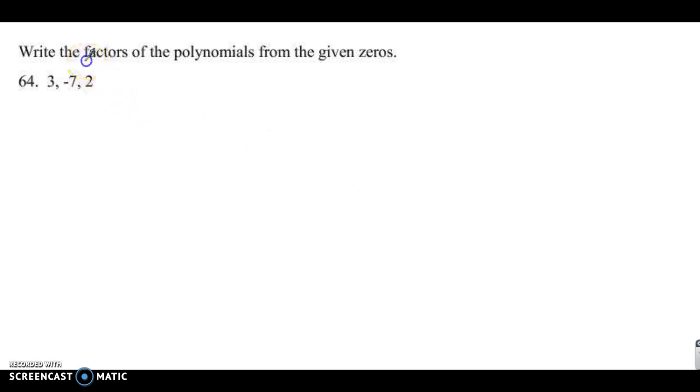Now, to write your factors, remember factors are things that are multiplied together. And when we already know what our given zeros are, they've given us our zeros, you can think of this as they've given you that x is equal to 3, x is equal to -7, and x is equal to 2. Now, if you were to work backwards, thinking about where these roots or zeros came from, you could move your 3 back over by subtracting 3 to both sides, and notice the step prior to that would have been x minus 3 equals 0.